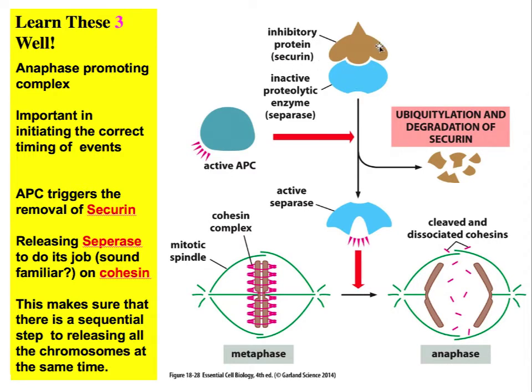And securin is an inhibitor of an enzyme called separase. And it's the separase which digests the last few rings holding together the chromatids. So the separase is necessary for completing the breakdown of cohesin, therefore releasing the two sister chromatids from each other.